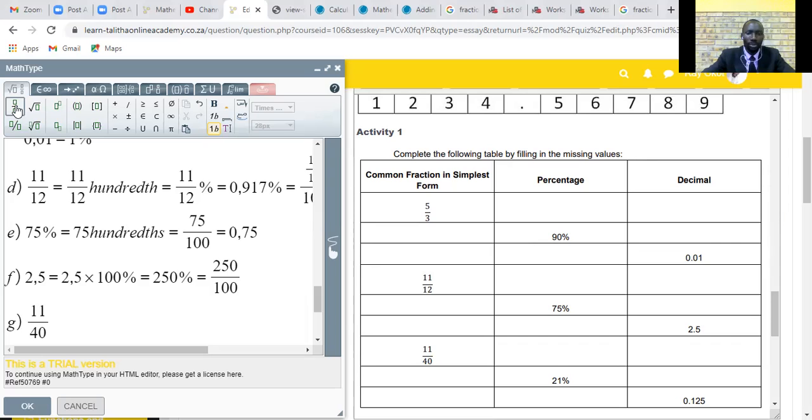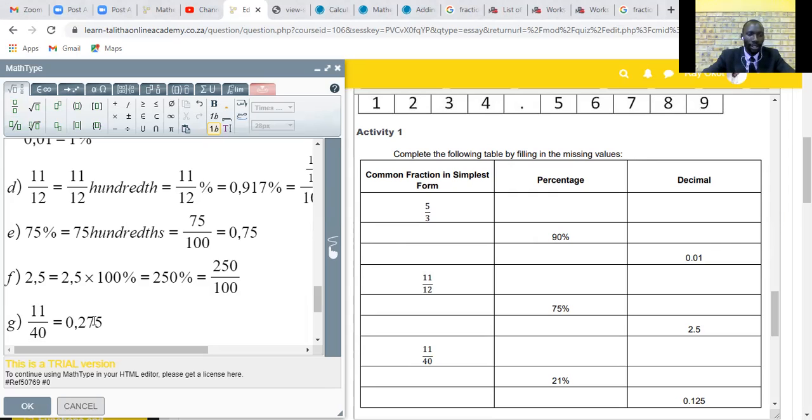We would like first to simplify this fraction, so we have to use our calculator. That is 11 divided by 40. That is 0.275. Yes, that is what we get.